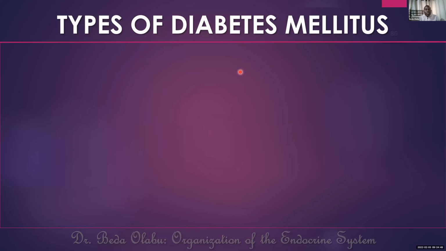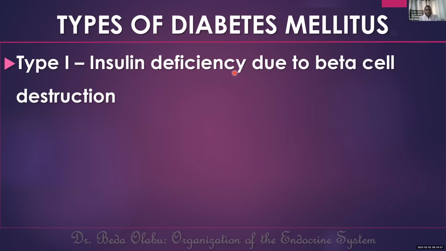There are different types of DM. Type 1 diabetes mellitus occurs as a result of insulin deficiency. But why is there insulin deficiency? Because something has destroyed the beta cells. So type 1 is insulin deficiency secondary to beta cell destruction.